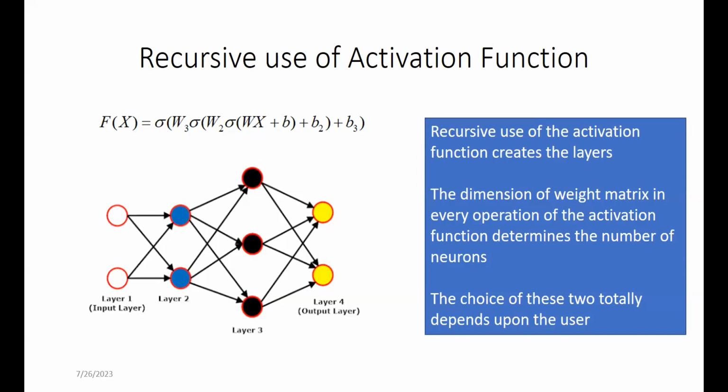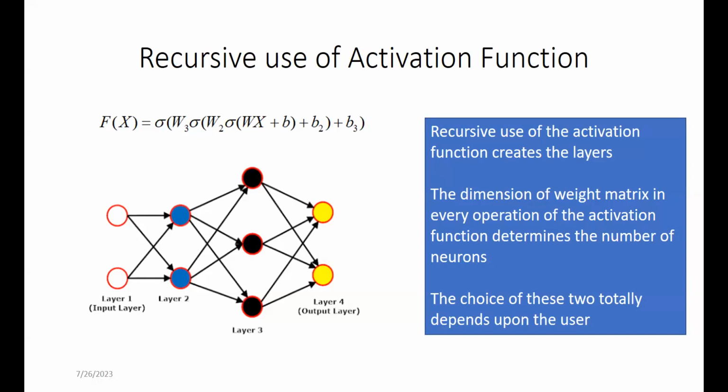It's totally the user's choice. The number of times you use the activation function tells us how many layers are created, and the number of times you change the size of the weight matrix determines how many times you change the number of nodes in a particular layer. This is how the entire framework of the artificial neural network develops and progresses towards the final layer.